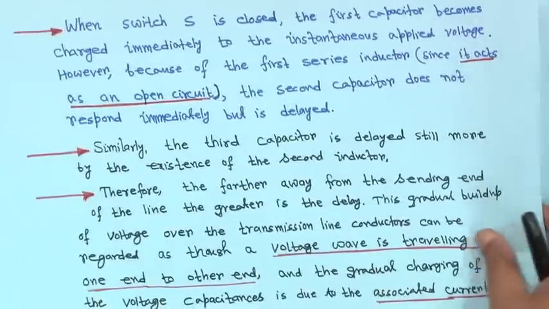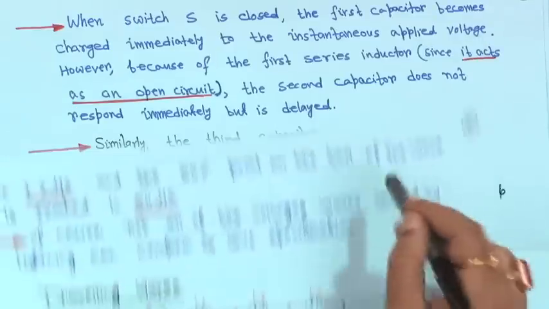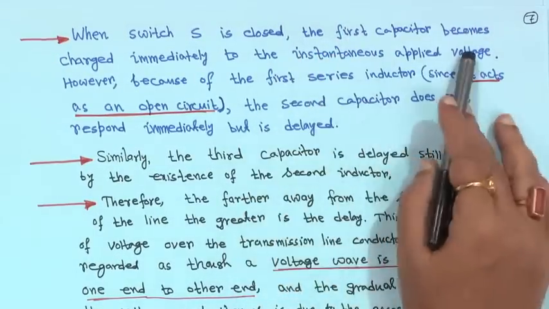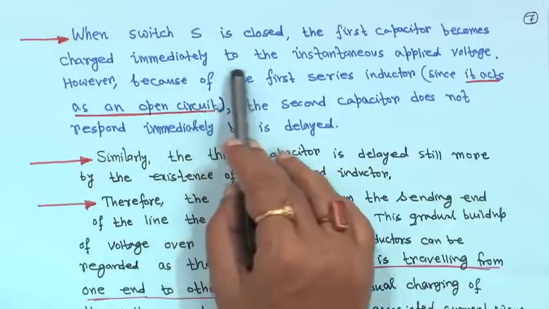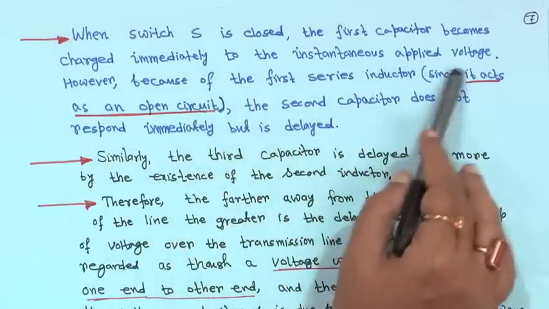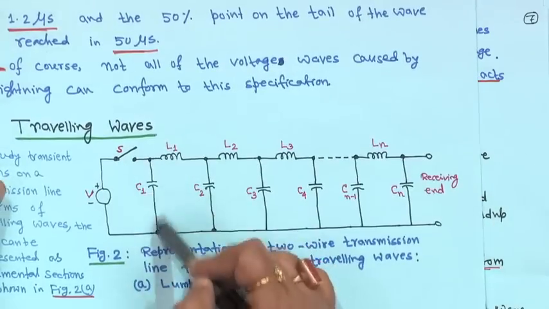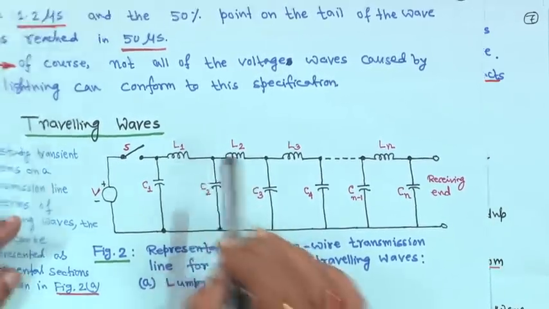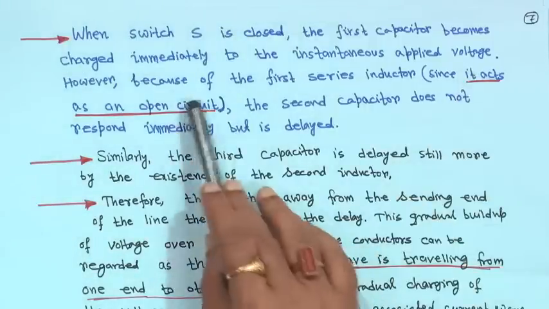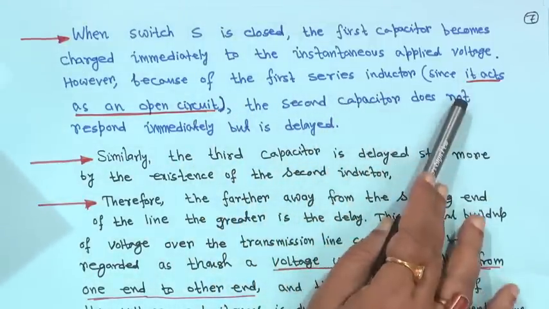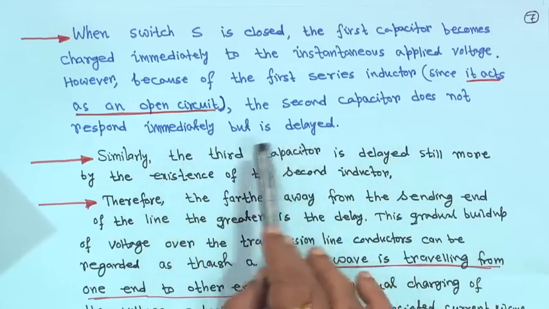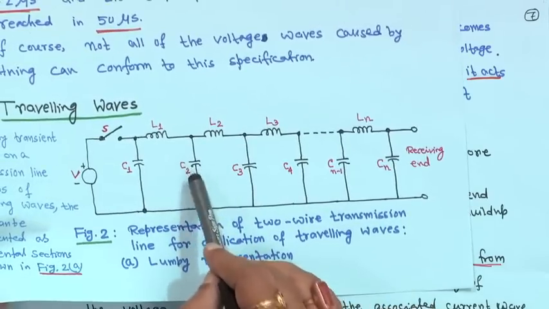So, when switch S is closed, the first capacitor becomes charged immediately to the instantaneous applied voltage. I told you, immediately, because a capacitor acts as a short circuit and an inductor acts as an open circuit, right. However, because of the first series inductor, which acts as an open circuit, the second capacitor does not respond immediately, but is delayed.